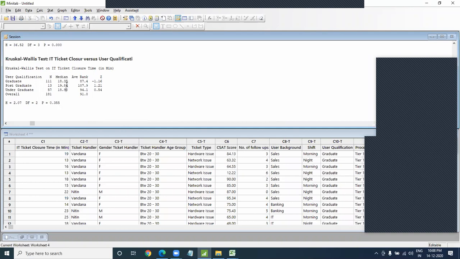I can see a difference in the median, but is the difference large enough? With the given data, we do not have enough evidence to support your claim. The differences could be there, yes, but these cannot be termed significantly large differences. This could be just a matter of chance. That's how we would interpret this.